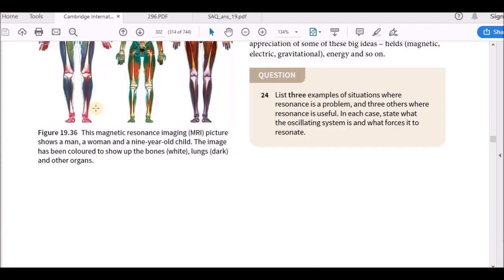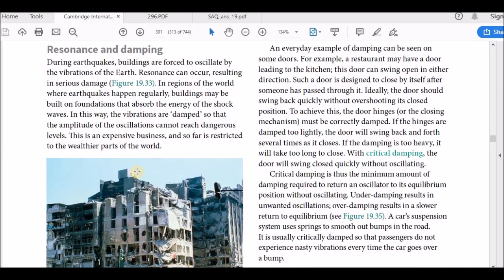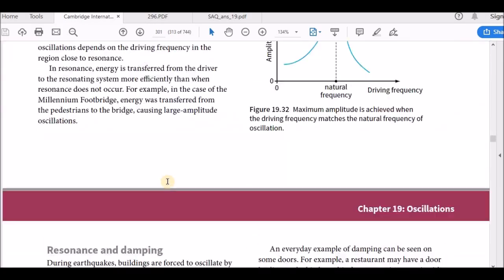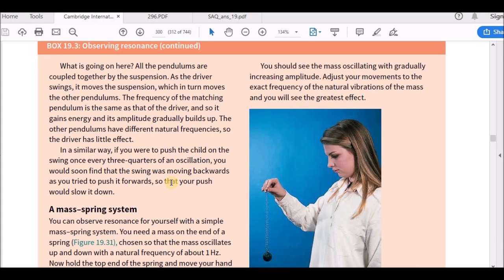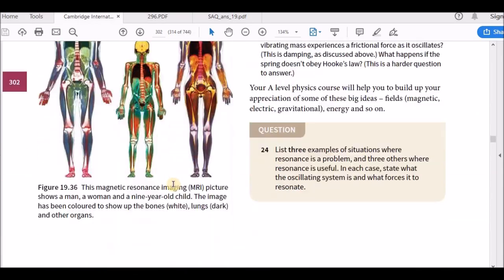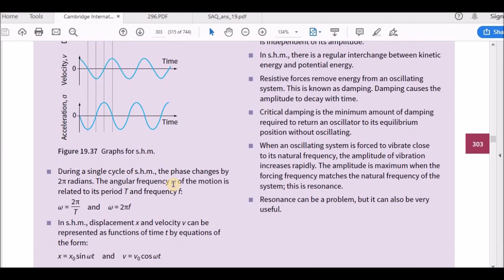And we saw some disadvantages, like for example in the case of buildings that are built in earthquake areas, the bridge, and also we talked about vehicles and how we can prevent this using dampers for all three cases. Alright, so that is the end of that chapter.